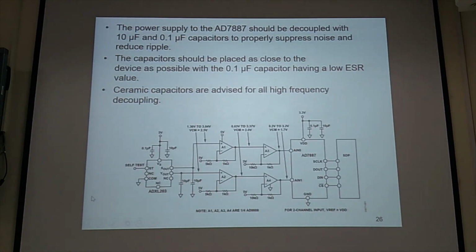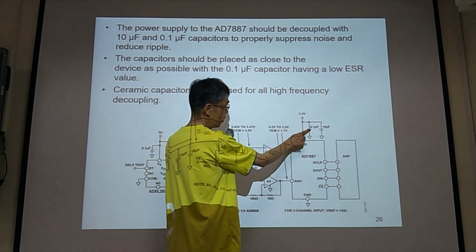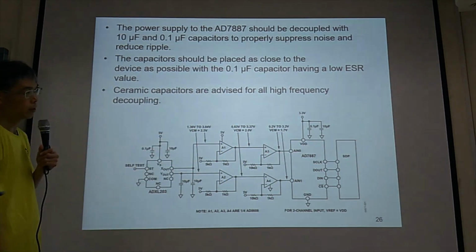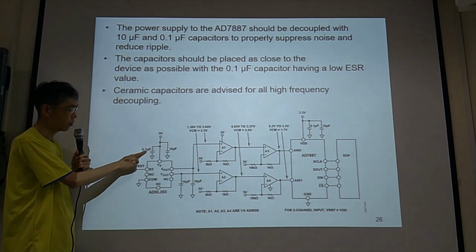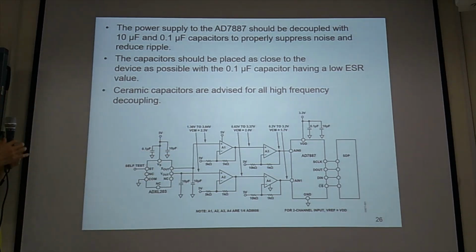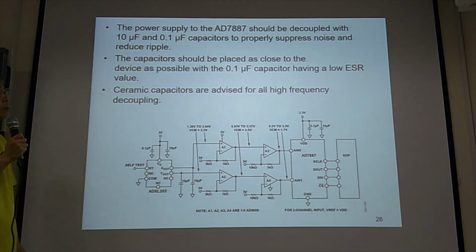Here, DC bias, this one, 0.1 microfarad, 10 microfarad for the DC bias. Also here, 0.1 microfarad, 10 microfarad. So that is important. We remove noise, AC noise, reduce ripple.